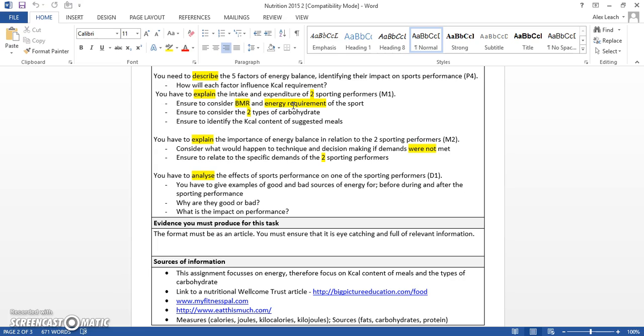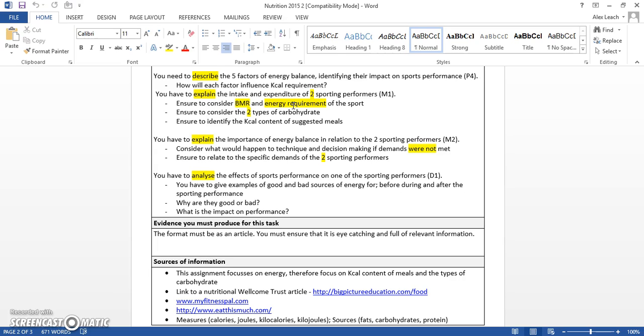So work out their BMR through the Schofield calculation, like you would have done for the study task. Once you've got their BMR, you need to add on the kilocalorie requirements. Now you do this by looking at that table, and that table shows you how many kilocalories are burned for those different activities per different weight per hour.